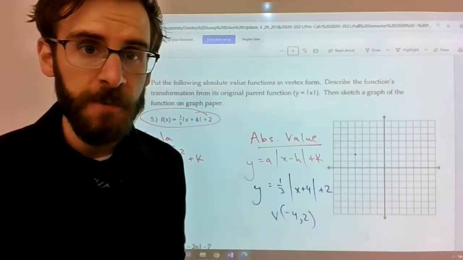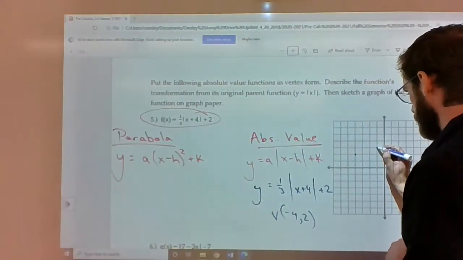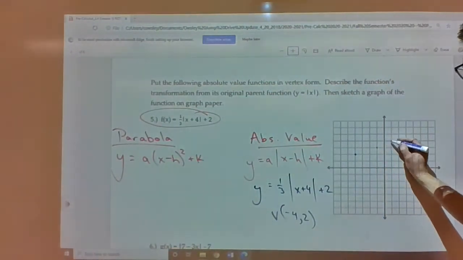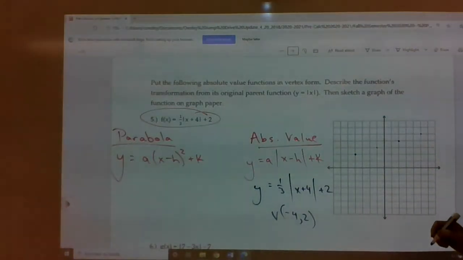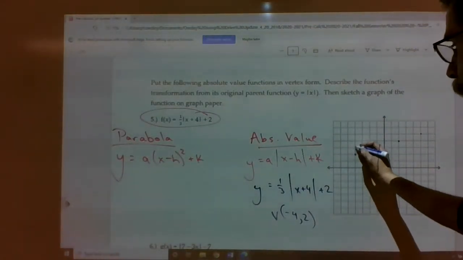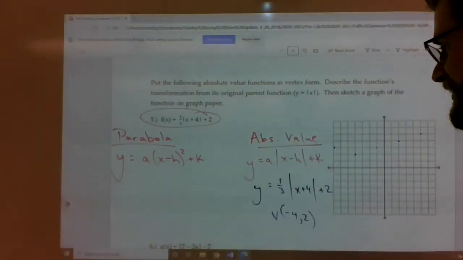You can plot points by just going up 1, right 3. Up 1, right 3. Or up 1, left 3, because you need to have the partner on the other side of that.